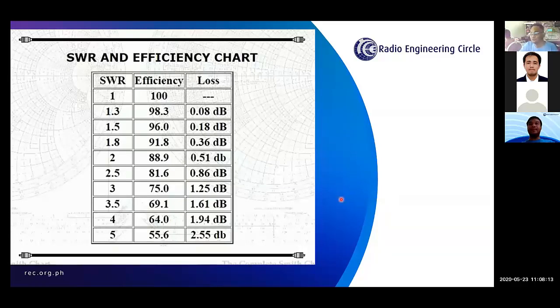Ito na good, better, and best. Okay, nakakuha ka 1.5, good. Nakakuha ka 1.3, better. Pero pagka plot 1 ang nakuha mo SWR, best. Why? Walang reflected power, walang babalik, walang loss. Ang efficiency ng transmission mo at reception mo, 100%.